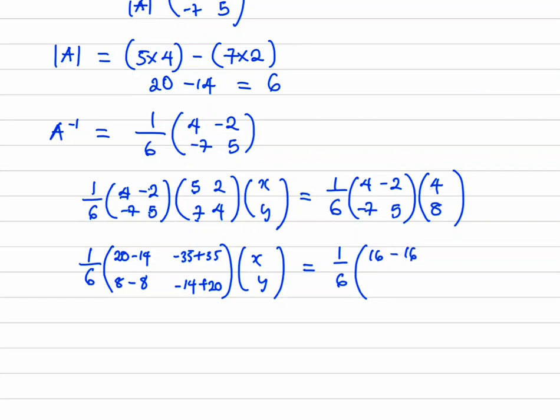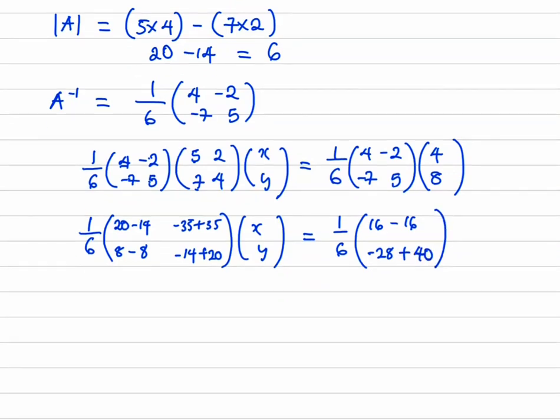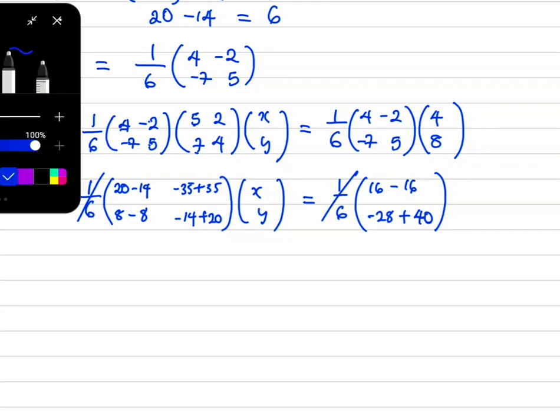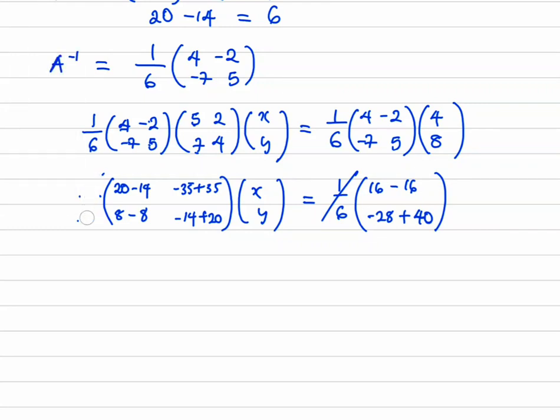Then we have -7 times 4, we have minus 28, then this we have plus 40. This is what we have. Now, of course, we know that this will go with this. Or if you don't want to do it this way, then this is what you are going to do. So let me not go too fast for you. Let me take this off and I follow it gradually.